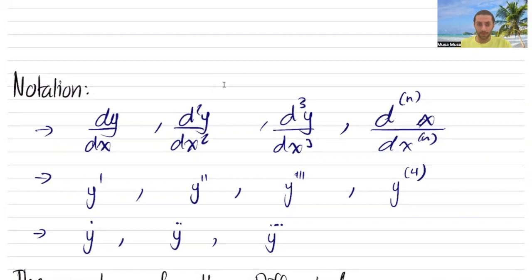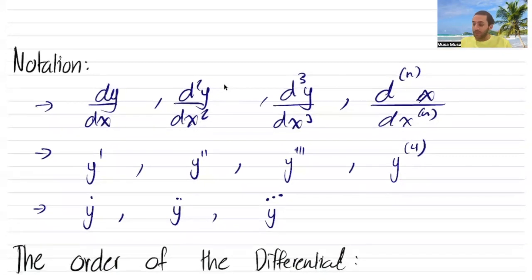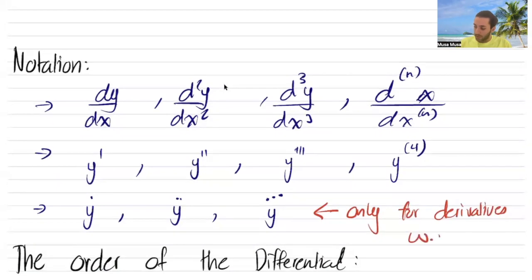I don't think we do triple dot. At least I don't know the reasoning for why we would bother. But there's that. So that's our type of notation. And I might just put in here only for derivatives with respect to time.